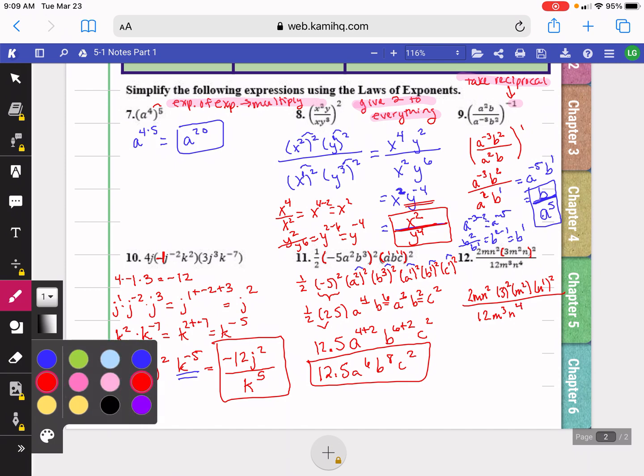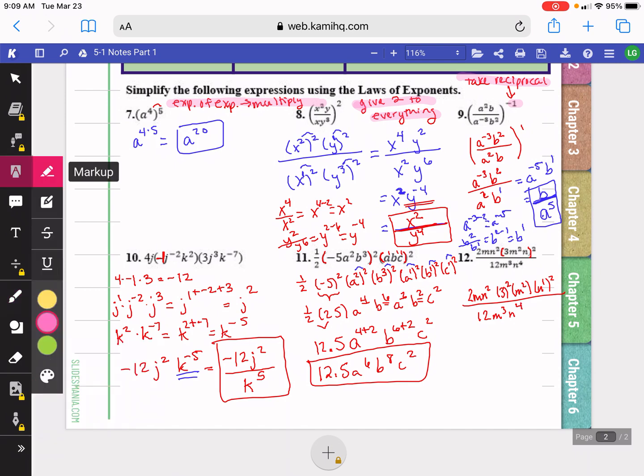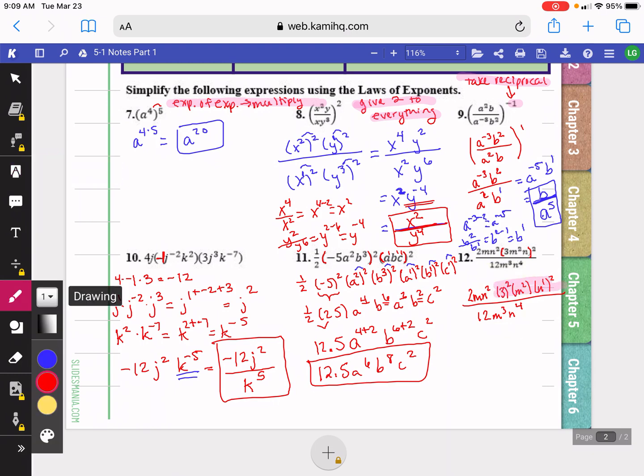And now I'm going to simplify. I'm going to focus on this section right now. I'm just going to focus on rewriting it. So I have 2mn squared. 3 squared is 9. And then I have m squared, n. You do 1 times 2, you get 2.